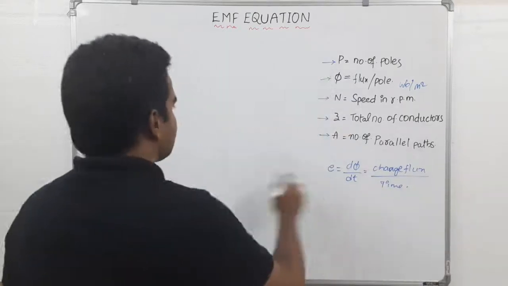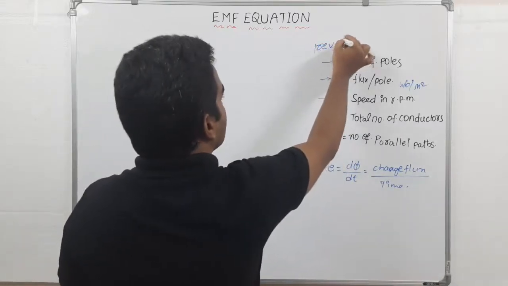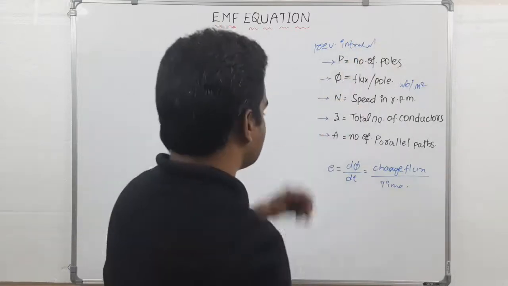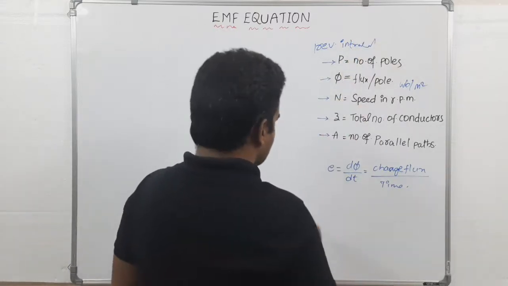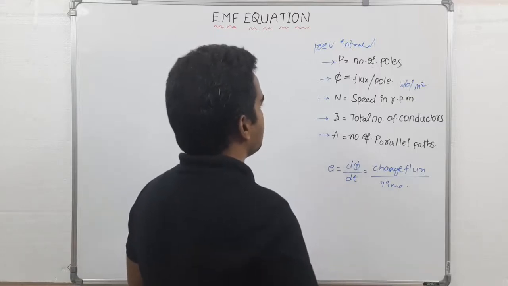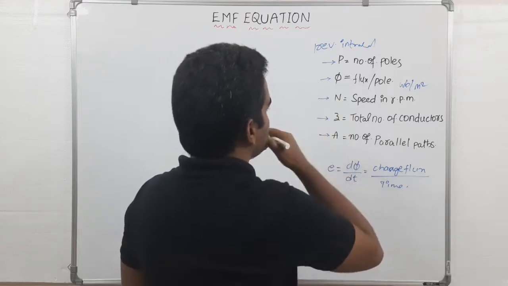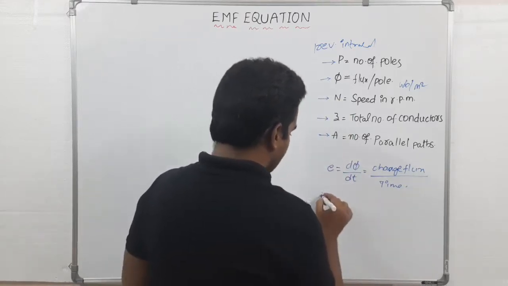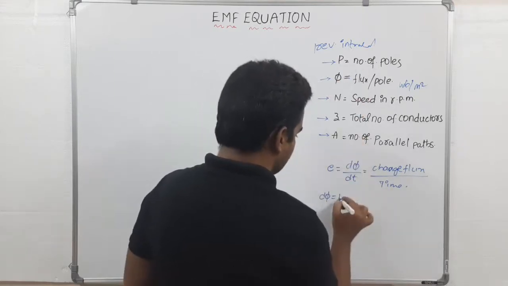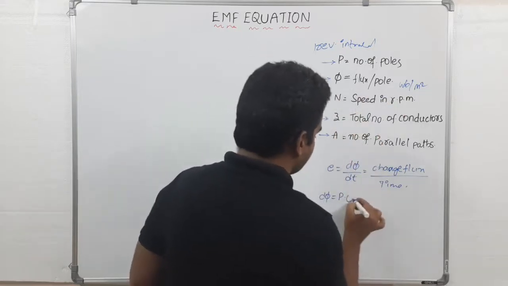Let us consider one revolution interval. The machine makes one revolution, so the total amount of flux cut can be given as d phi equal to the number of poles P into the flux per pole.